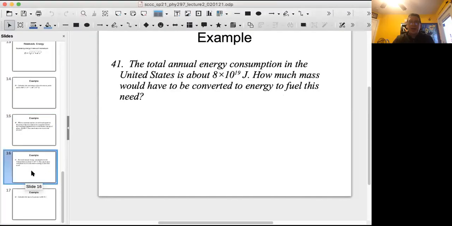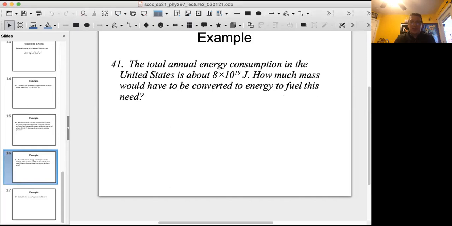So let's go to a third example. The total annual energy consumption in the United States is about 8 times 10 to the 19 joules. How much mass would have to be converted to energy to fuel this need? So if it were all done through some sort of nuclear process, how much mass would you need to shed?